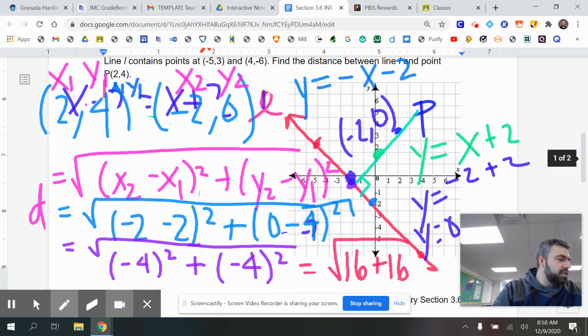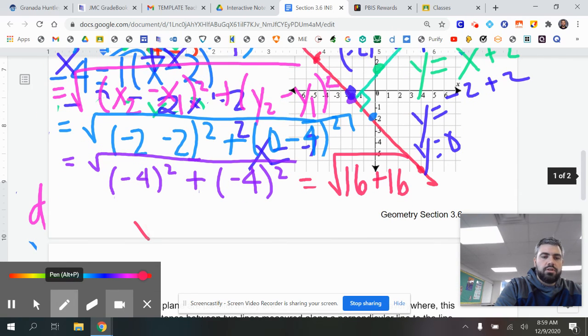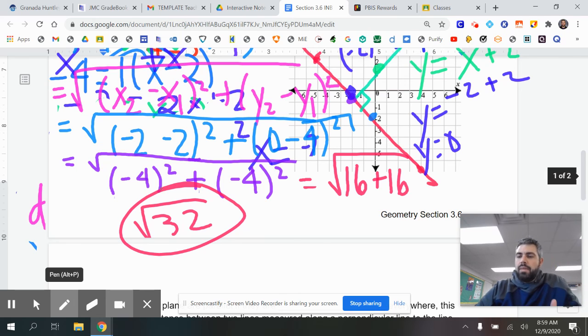And so our distance is going to be the square root of 32. So going back to the original question, what is the distance between point P and line L? The answer is the square root of 32.